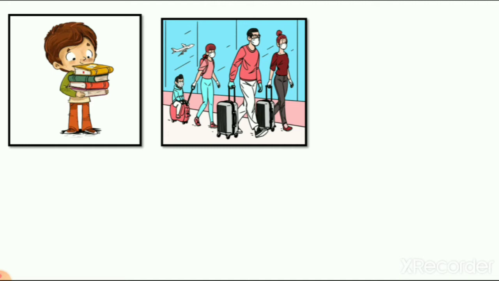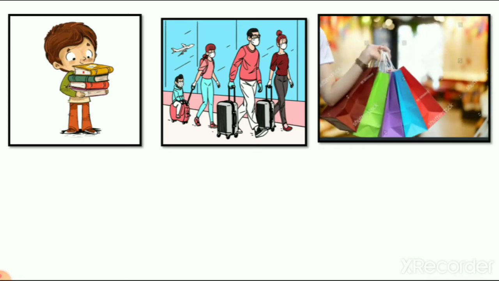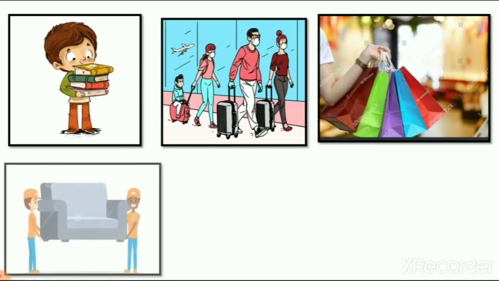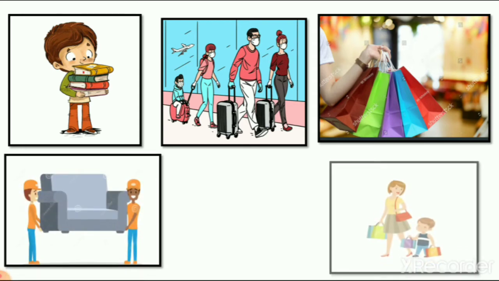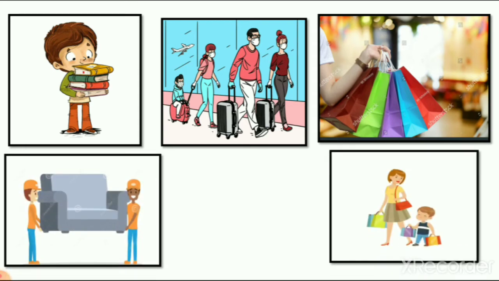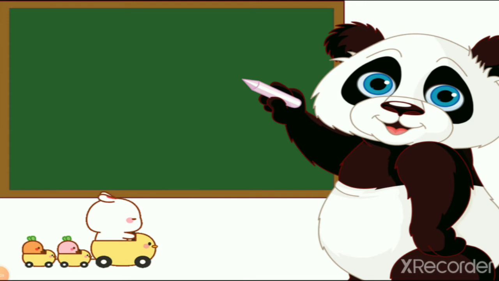Did you see anywhere that someone is carrying books with a leg? No, right? So we use our hand with things, right? You can see here we hold shopping bags with hand. All these things we learned in the previous lecture.